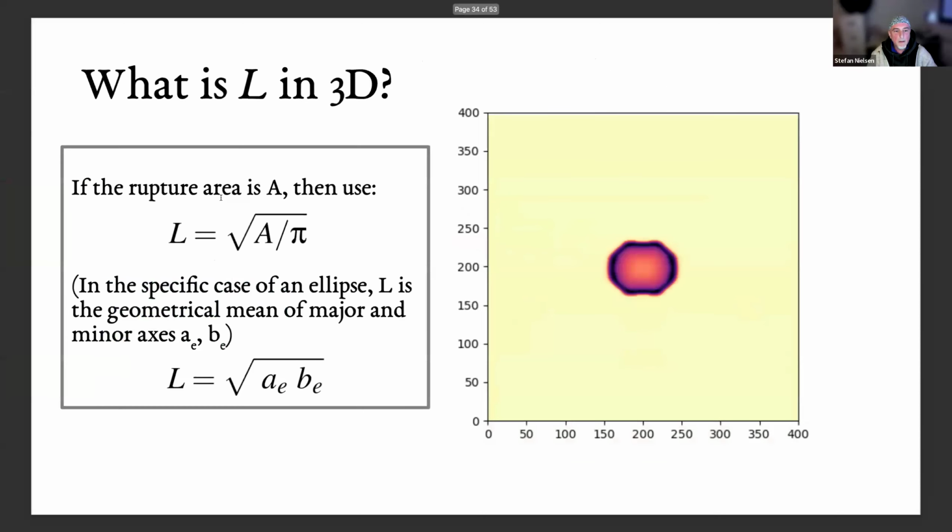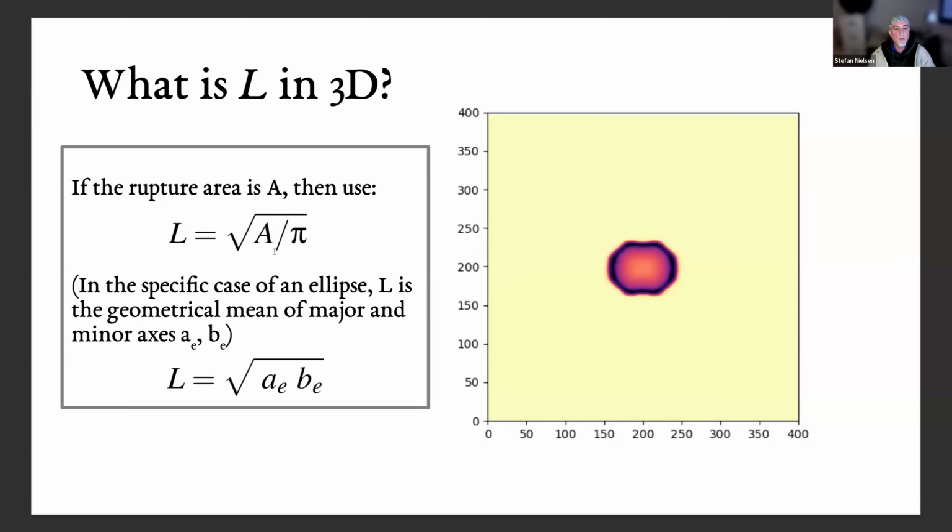And so the question is, in 3D, we want to scale everything by typical length. So what's the typical length for a crack that has a non-trivial shape in 3D? Well, we can use the square root of the area to define a typical length.